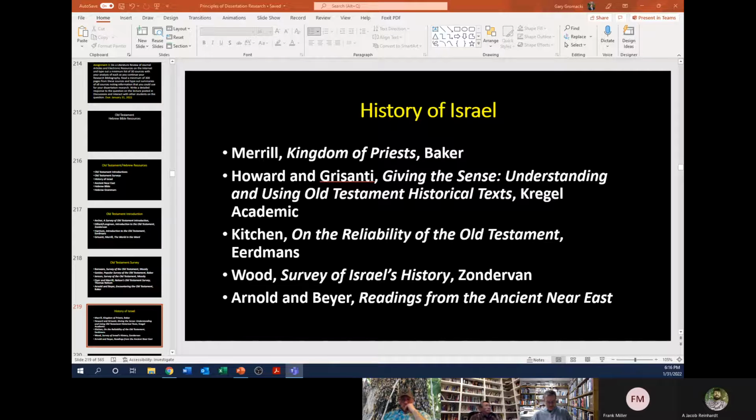They have a section on covenants and treaties, the Mari covenant ritual. So if you wanted to get into the background literature regarding covenant, this would be an excellent book to read as well.